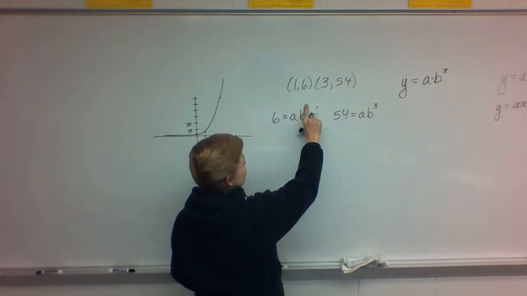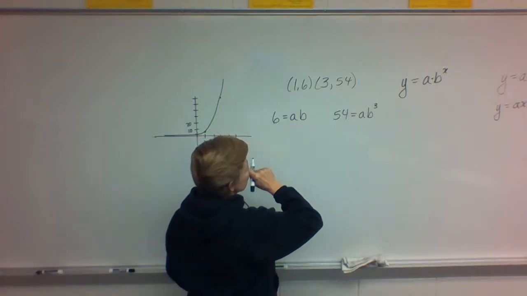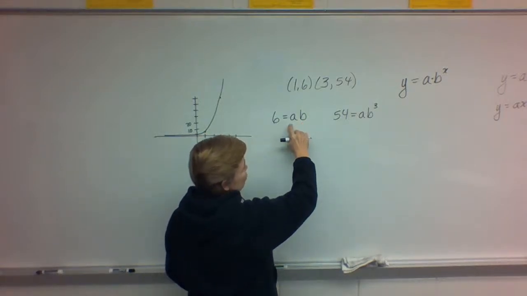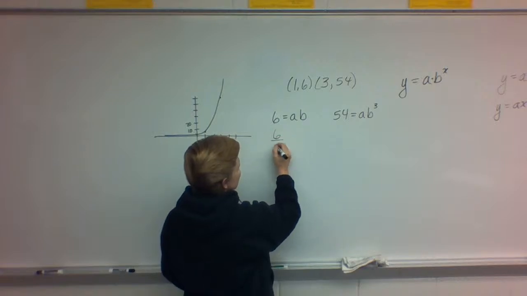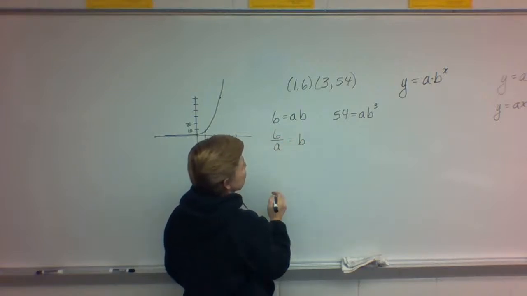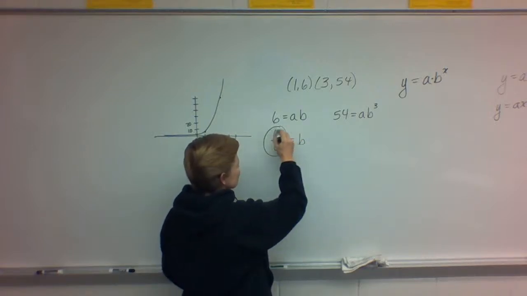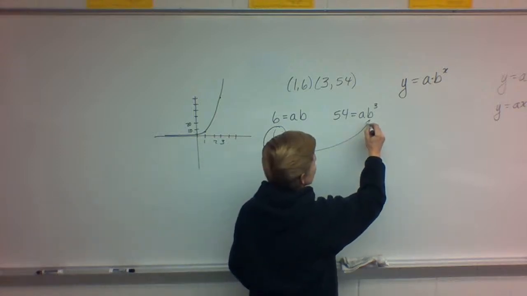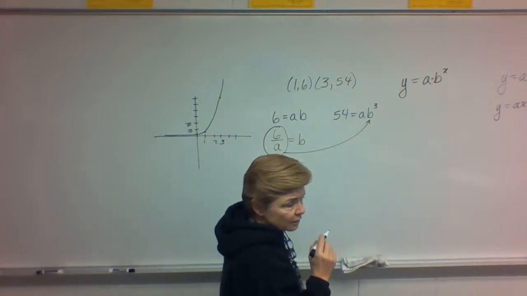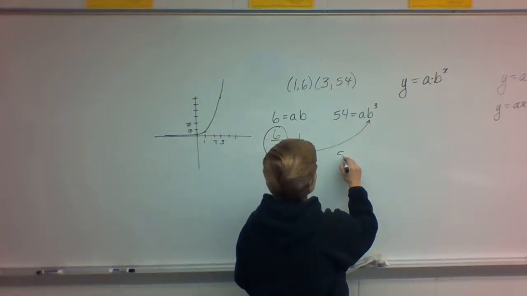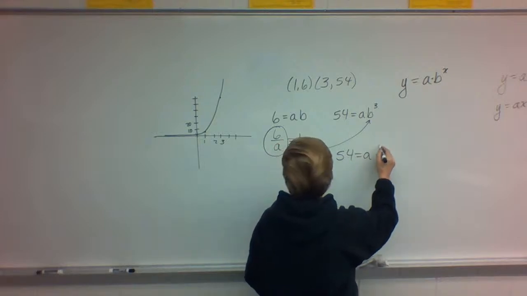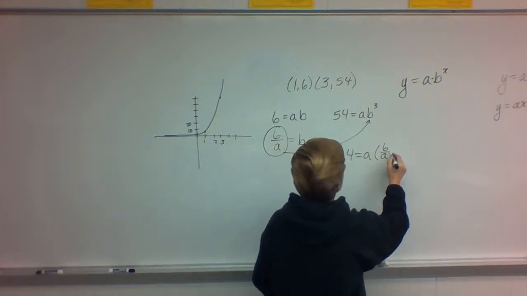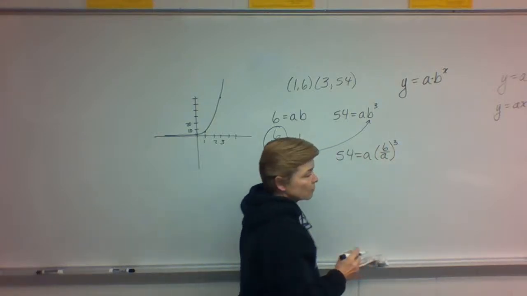Since that's a 1, I don't need to write it. So what I could do is I could solve for b, say for example, 6 over a equals b, and then use that value of b over here. Do you see the substitution happening? And so you would get 54 equals a times 6 over a to the 3rd.